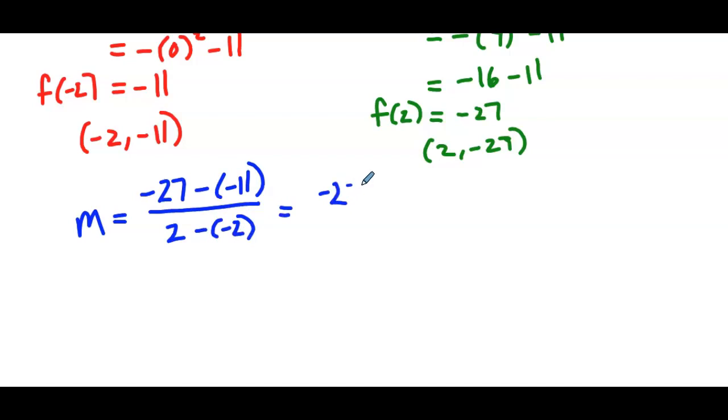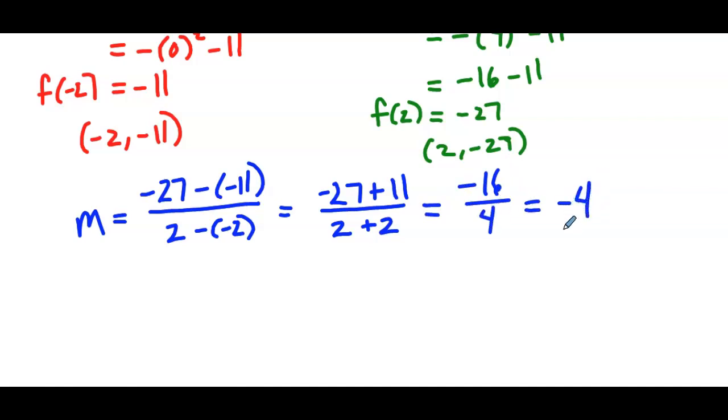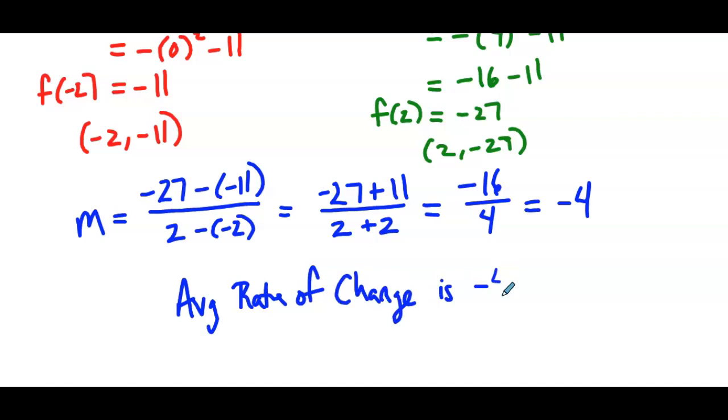So that's -27 plus 11 over 2 plus 2, which is -16 over 4, which is -4. So the average rate of change is -4.